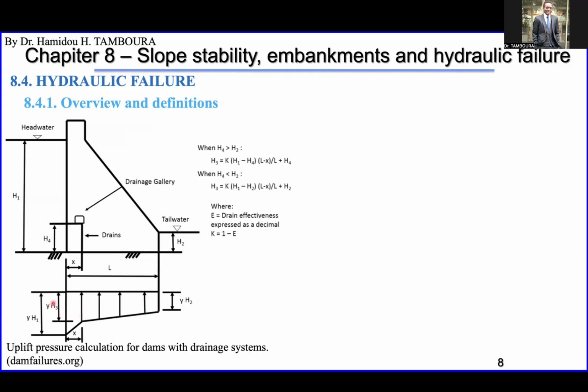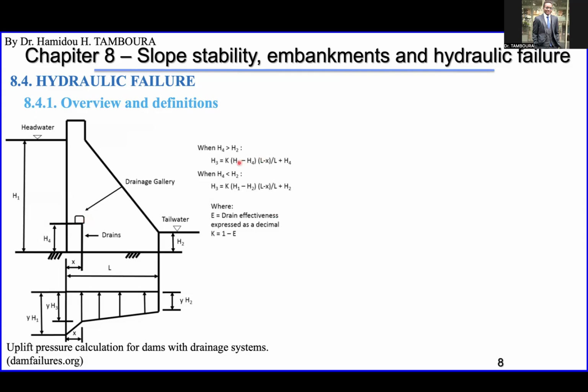So in this case, H1 is similar to the previous one, H2 is not the same, and you need to calculate H3, this distance. It depends on the position of the drainage. This is a drainage gallery, which means a human can actually enter inside.